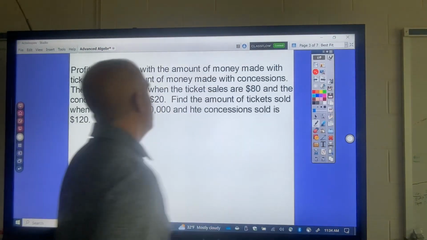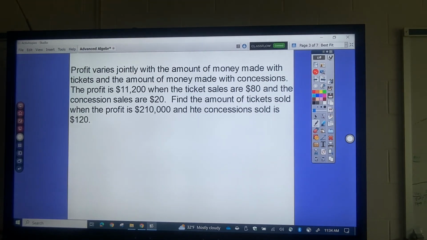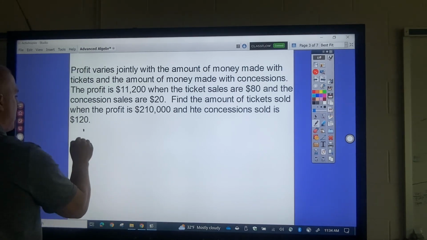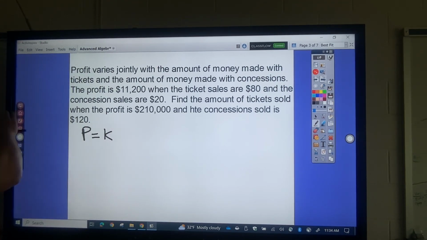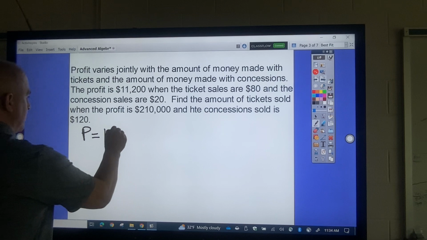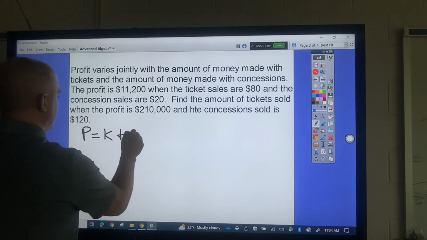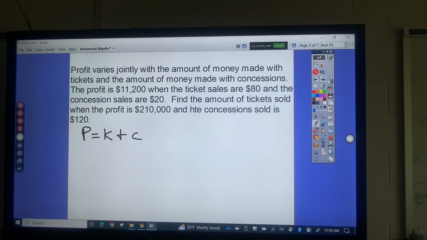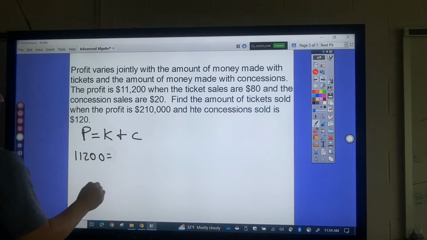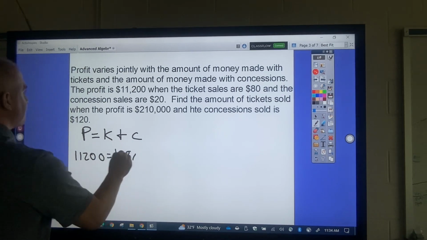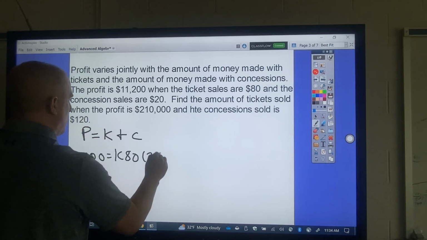It says profit varies jointly with the amount of money made with tickets and the amount of money made with concessions. Profit varies jointly, so that means it's all going to be in one line: tickets, concessions. The profit is 11,200 when the ticket sales are 80 and the concession sales are 20.